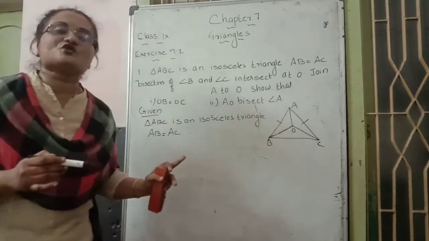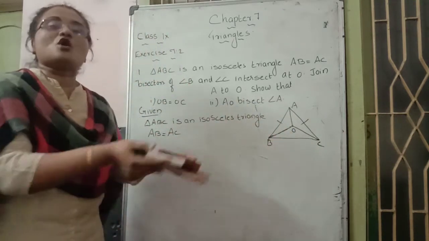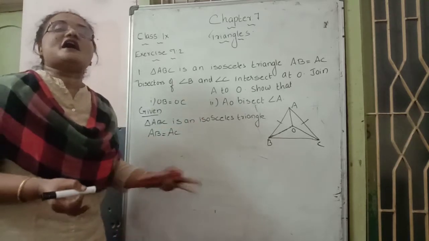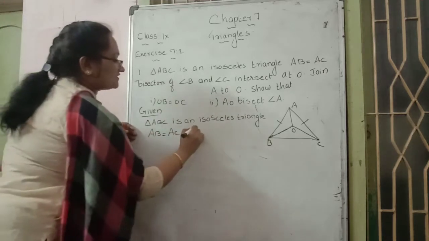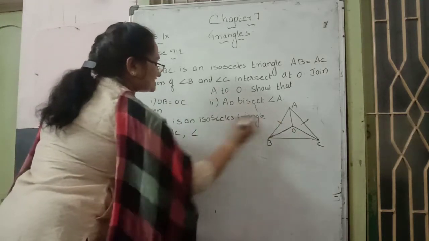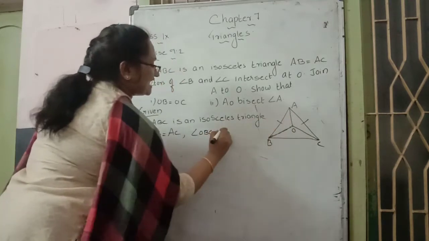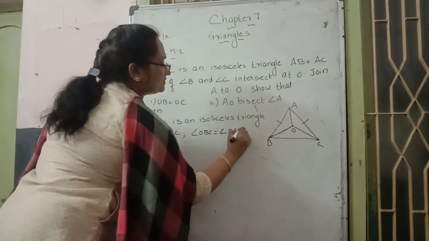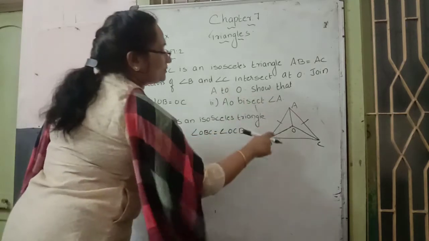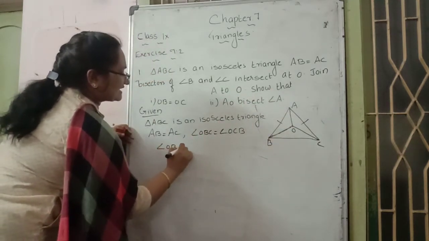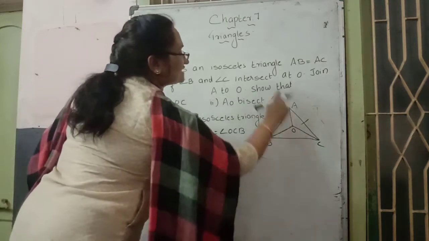These angles also become equal. Why? Because OB and OC bisect angle B and angle C. That is the reason. That's why we can say angle OBC is equal to angle OCB, and in the same way, angle OBA is equal to angle OCA.